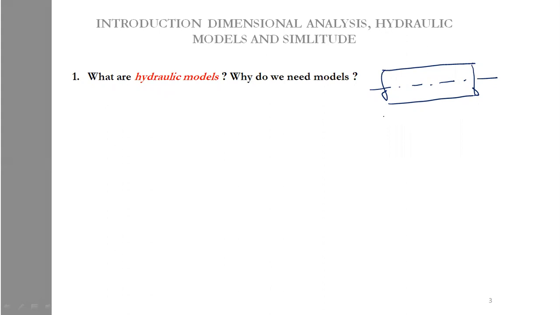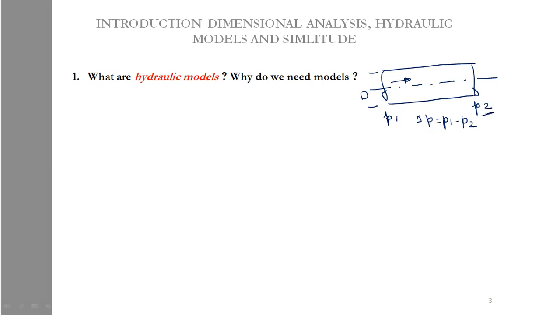Let us say this is point 1, so the pressure at point 1 is P1, and at 2 is P2, and D is the diameter of the pipe. It is flowing from left to right. So the pressure drop will be delta P equal to P1 minus P2. Now let us say we want to find out the pressure P2.